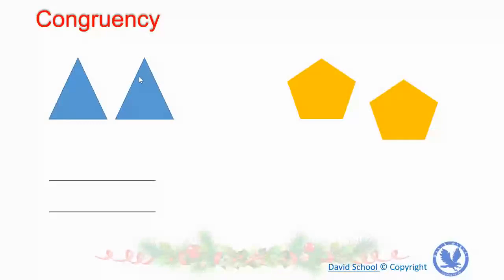If you see these two line segments, for example, AB is one line segment and CD is another line segment. Line segment CD is also 10 centimeters. Then we can call them congruent segments. We have two rays.